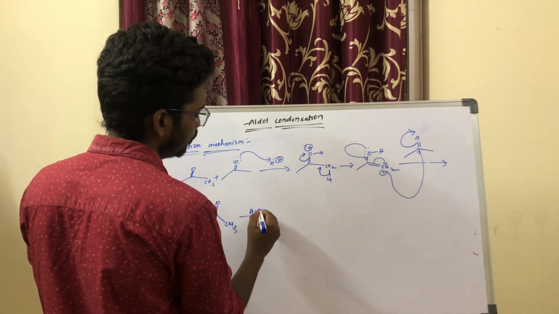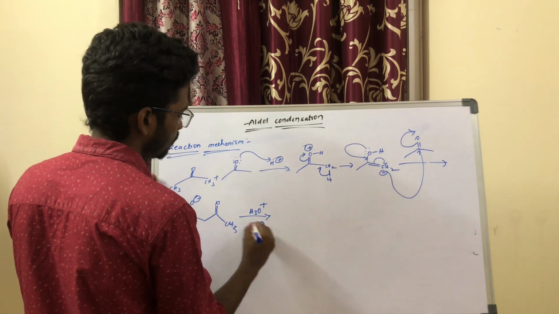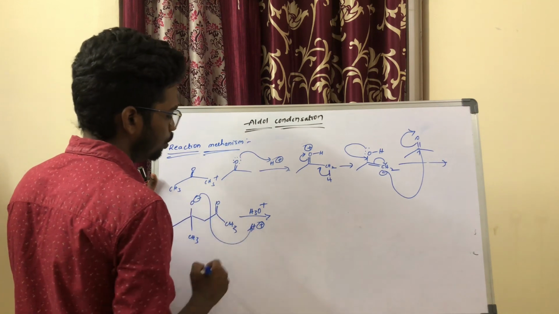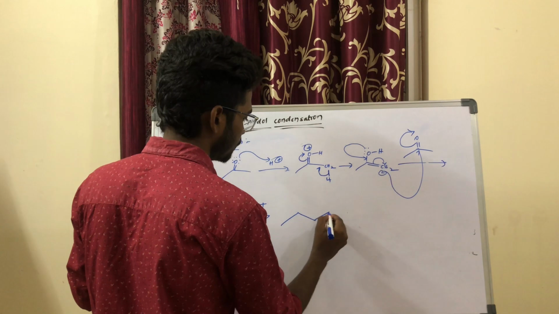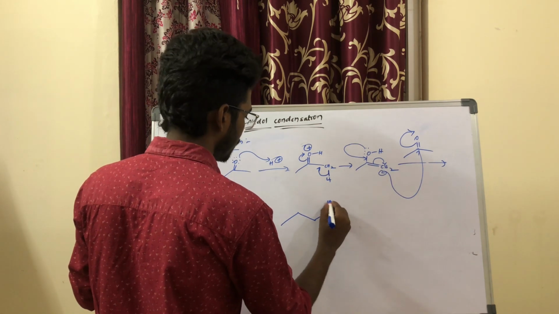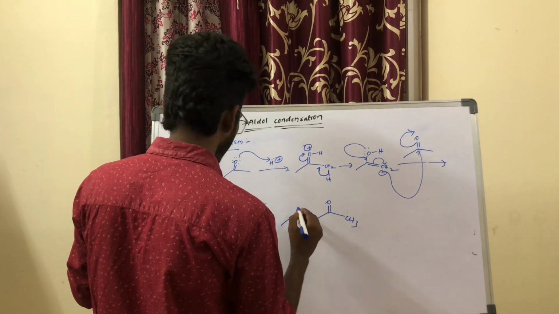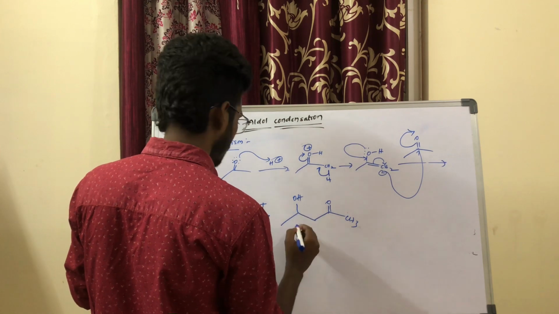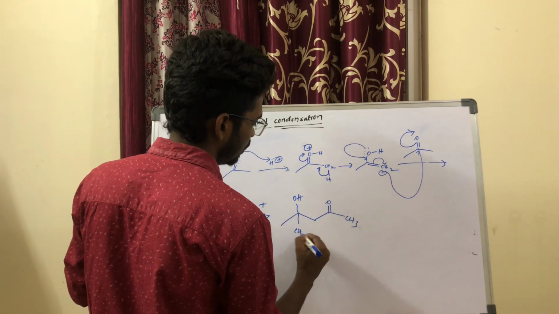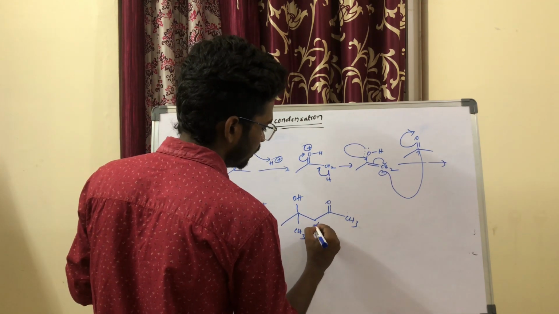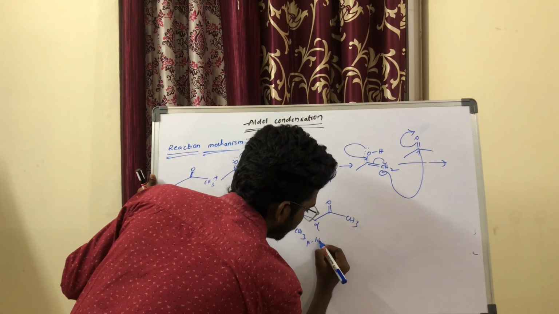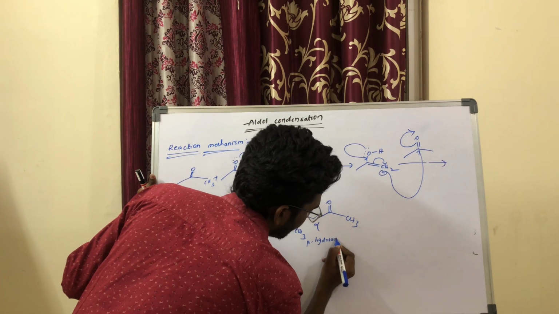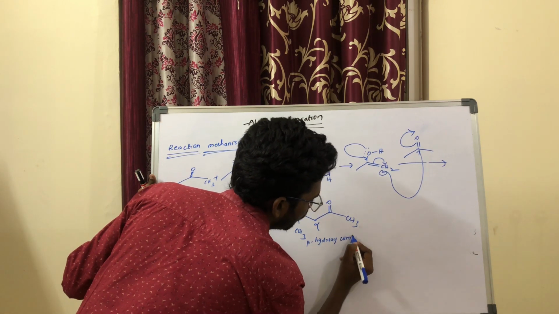After that, it is going to give the workup. So this nucleophile takes the protons from here, then you can get C double bond O, CH3, here OH, here CH3, right? So here you can see alpha, beta. So beta hydroxy compound, beta hydroxy compound.